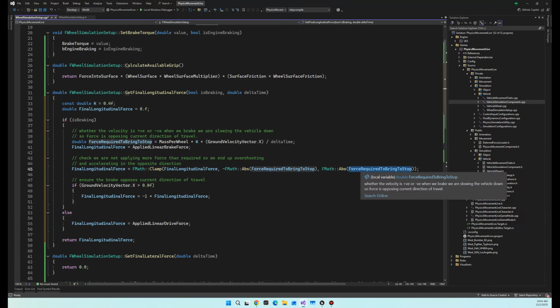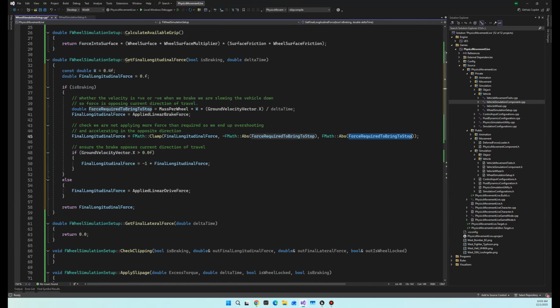We need both because the vehicle can go either forward or backwards. If we're in reverse and we hit brake, we need to make sure we are still braking in reverse, or if we're going forward, likewise.